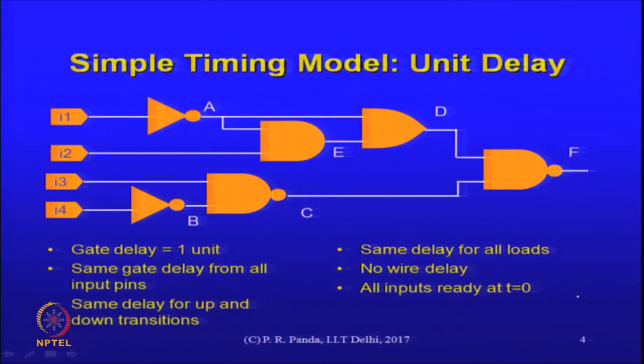Let us get on to a very simple timing model using which we can illustrate some things. Let us assume that the gate delay is 1 unit. Let us assume that we have the same gate delay from all the input pins. We are just indicating generalizations that later need to be done, that is all.